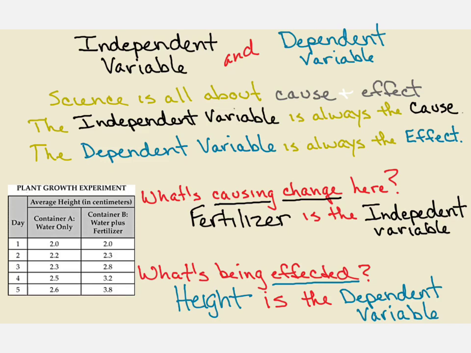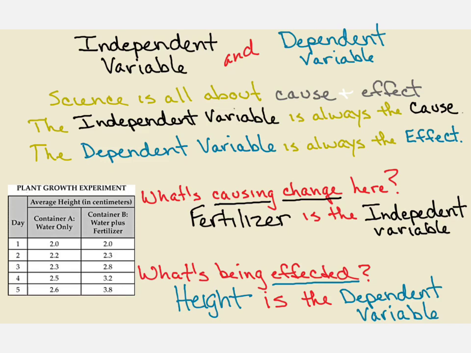Now, of course, there are control variables. Those are just the variables that remain the same throughout the entire experiment because we don't want them screwing us up in any way, right? So what would we have as control variables in this experiment?